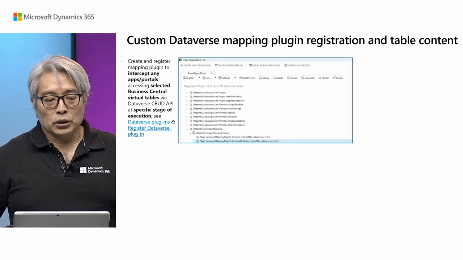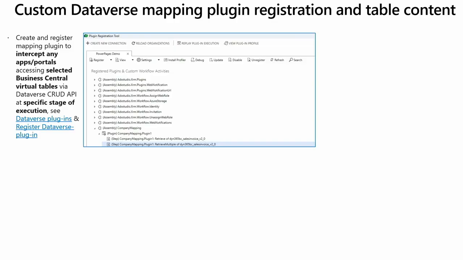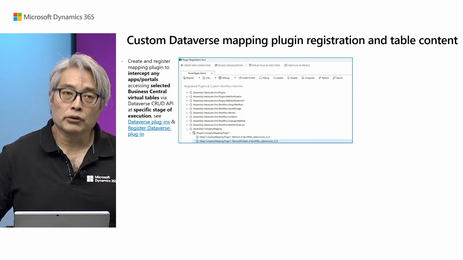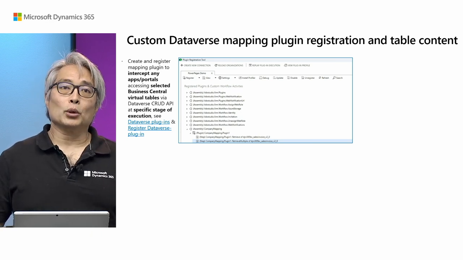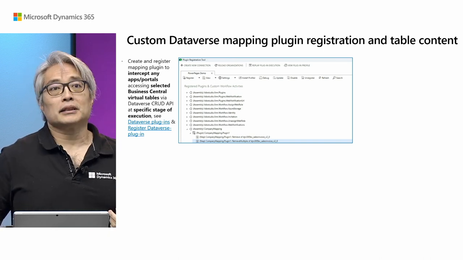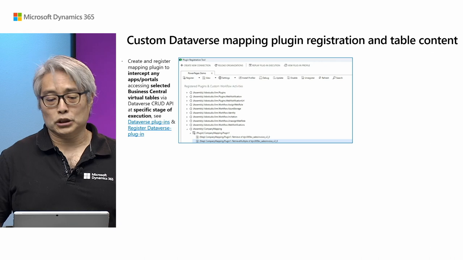In that documentation, you can use the plugin registration tool to submit a step where your plugin, in my example which I call the company mapping plugin, will trigger whenever a Dataverse retrieve or retrieve multiple request is used to access the sales invoice Business Central virtual table.